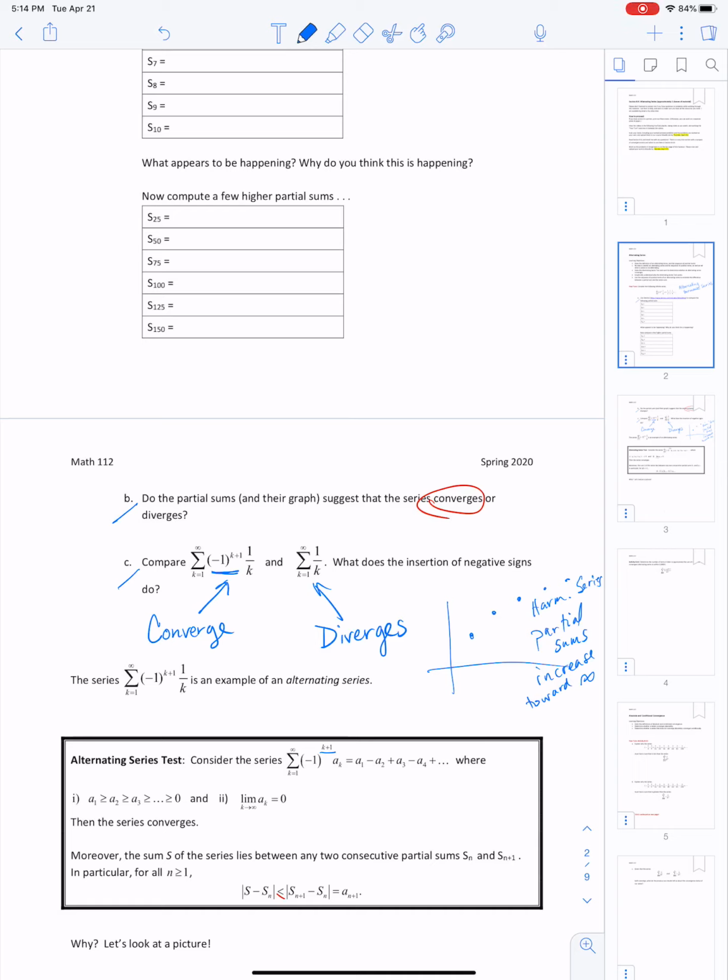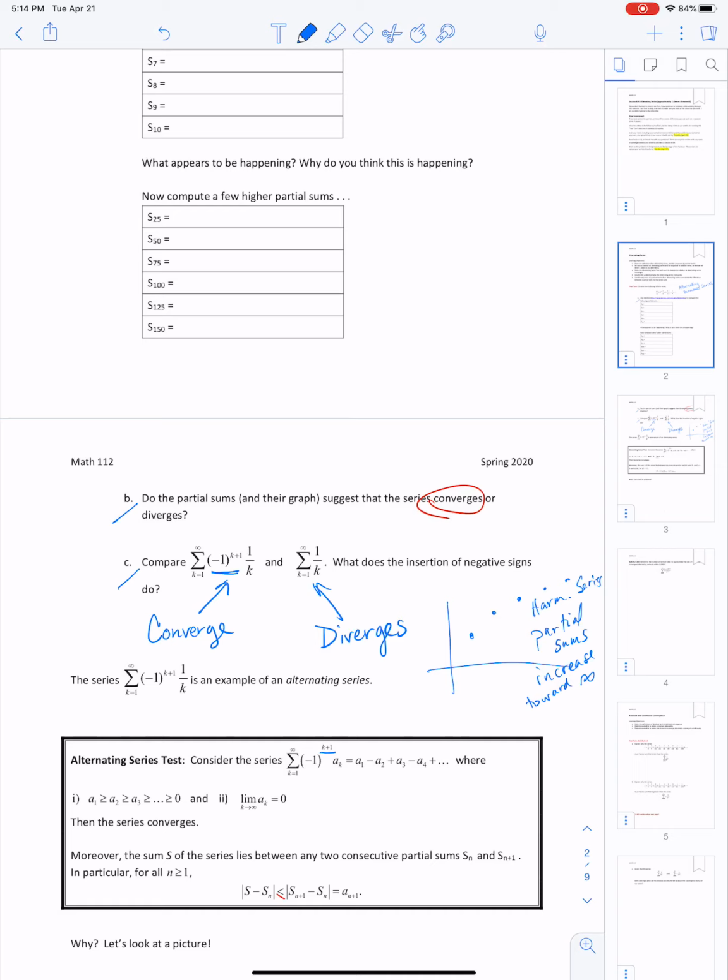And here the a_k are all greater than or equal to 0, so they're positive, and the (-1)^(k+1) being multiplied there is causing the signs to alternate.